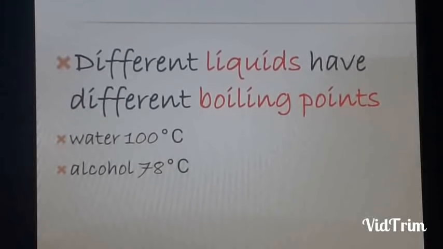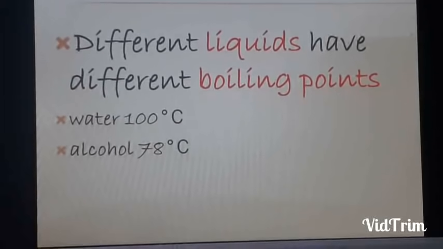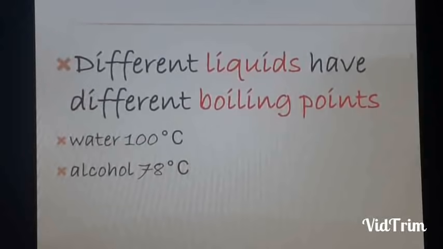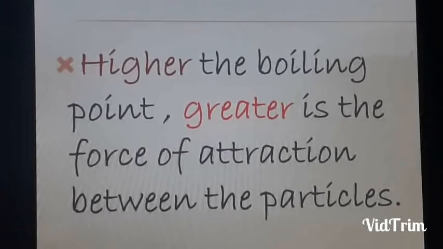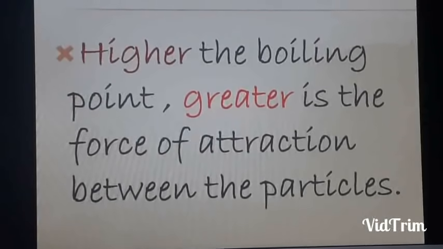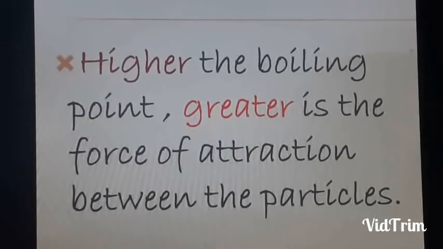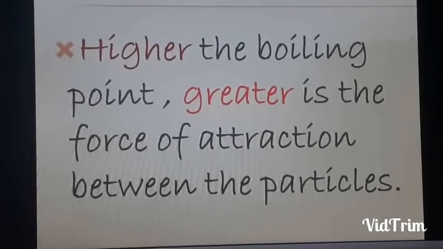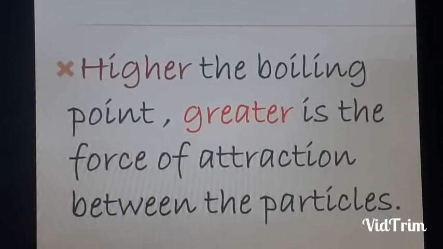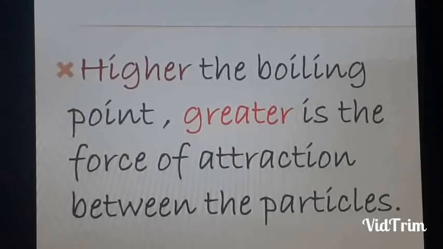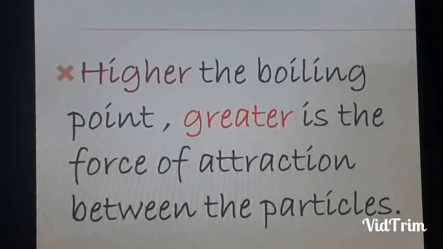Now again, what does the boiling point of a particular liquid indicate? Yes, it is a measure of the force of attraction between its particles. So again, the higher the boiling point of a liquid, the greater will be the force of attraction between its particles. Mercury has a very high boiling point, 357 degrees Celsius. What does it indicate?